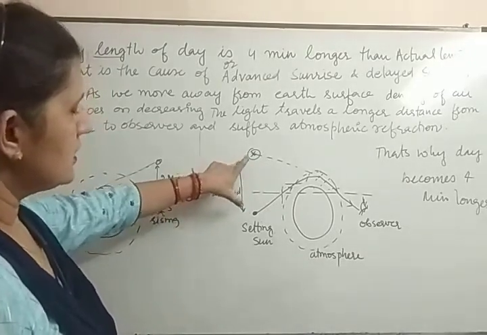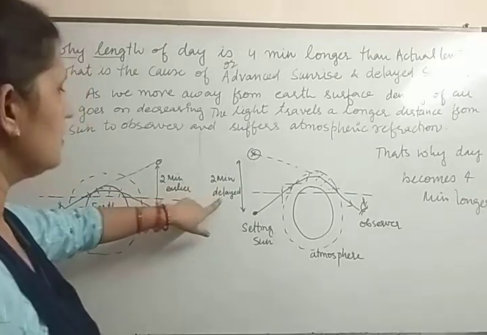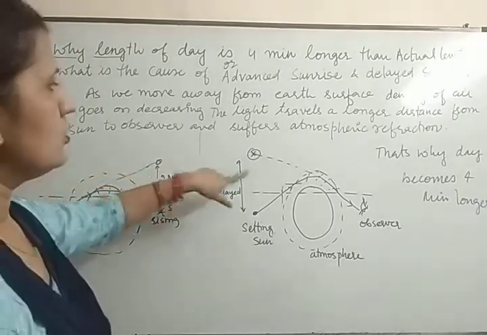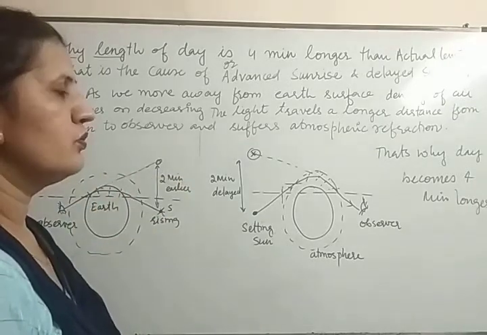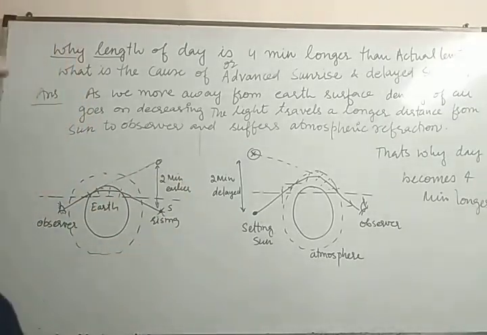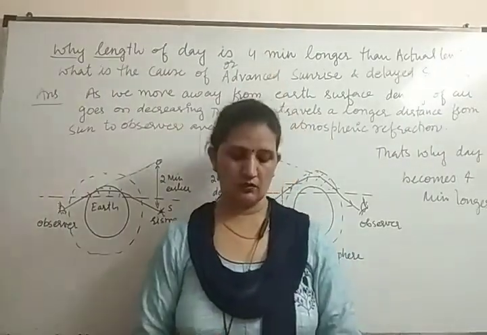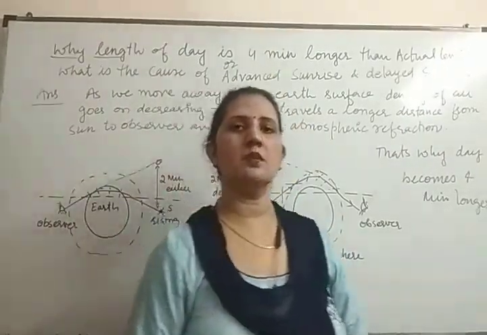So this setting of the sun is delayed by 2 minutes and the rising is earlier by 2 minutes, due to which the day length is 4 minutes longer compared to the actual length, and this is due to atmospheric refraction.